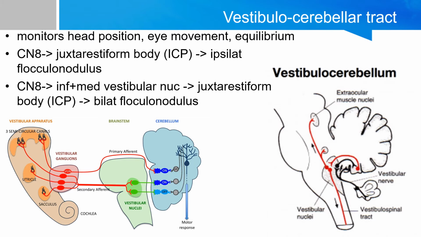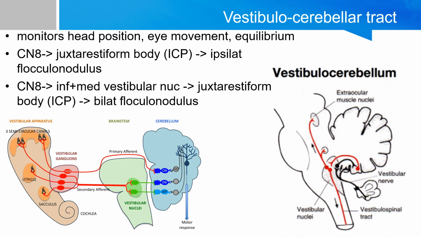The flocculonodular lobe and the adjacent portion of the vermis, plus the fastigial nucleus, are together considered a single unit that functions together and is called the vestibulocerebellar module. And they receive afferents from the ipsilateral vestibular nerve directly and/or the vestibular nuclei.